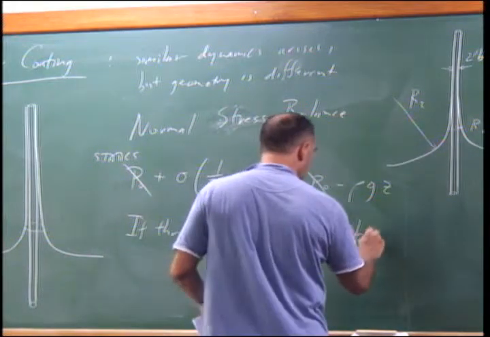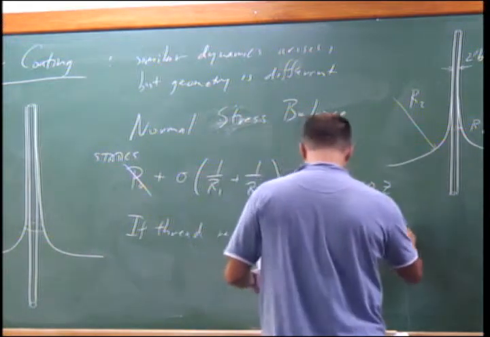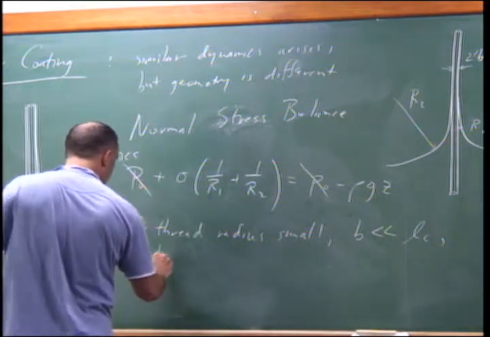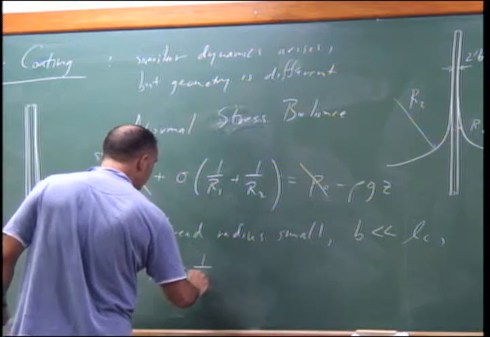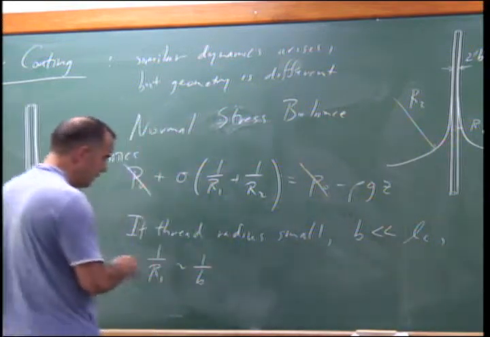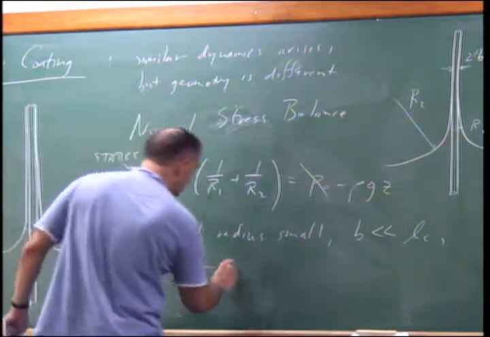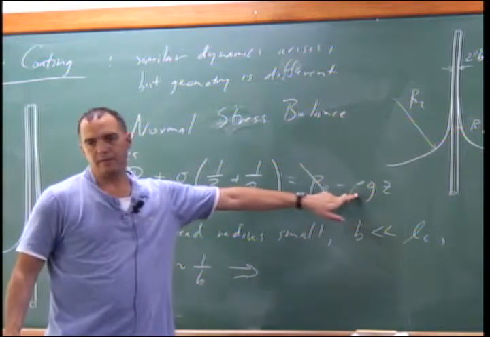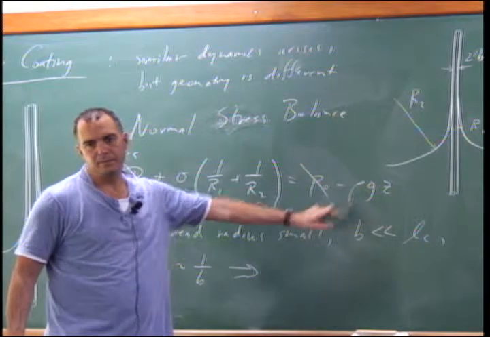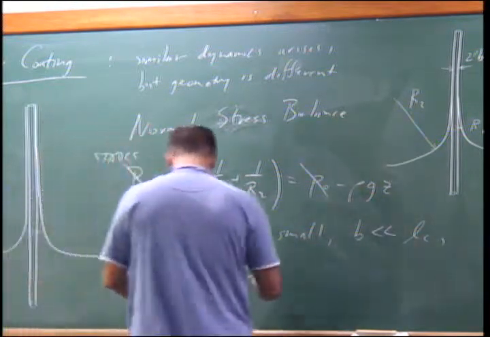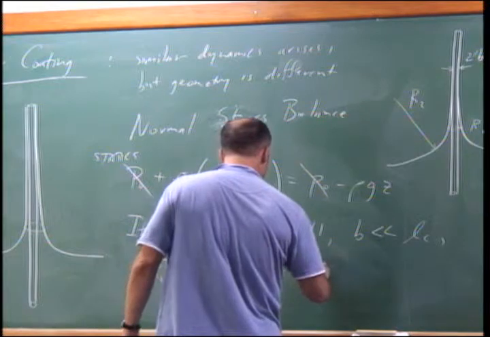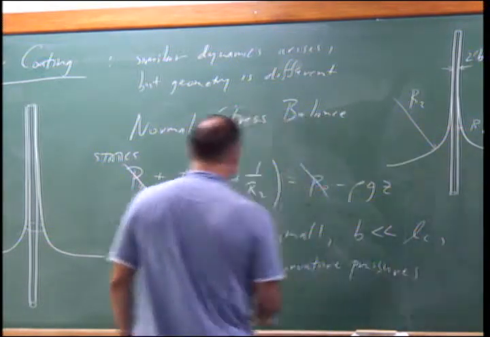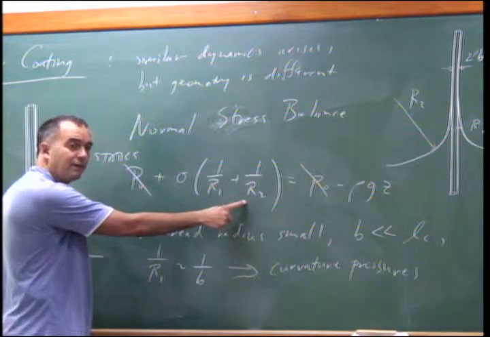So in particular, if it's much less than the capillary length, then 1 over R1 looks like 1 over B, and this cannot be balanced by gravity. Okay? But happily, it can be balanced by this.